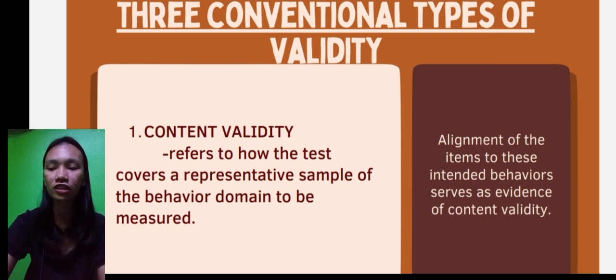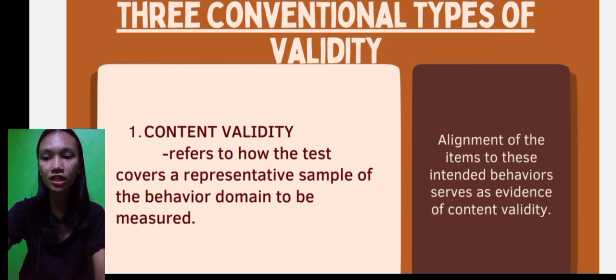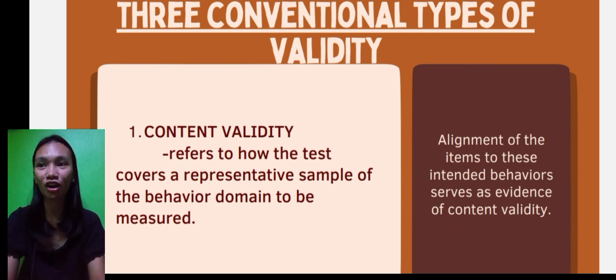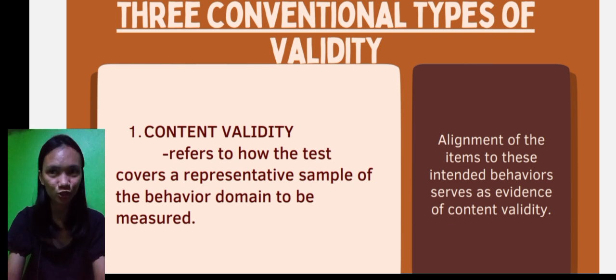In educational tests, it is established by a systematic examination of the course syllabi, which becomes the basis for the selection of the outcomes to be included in making the test specifications, and the alignment serves as strong evidence of content validity.